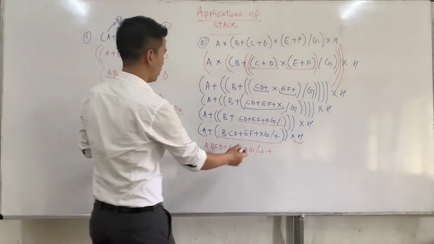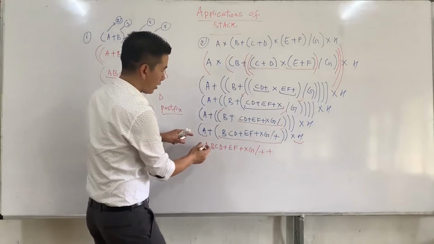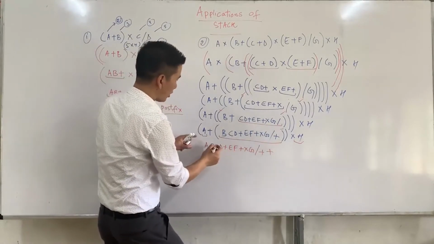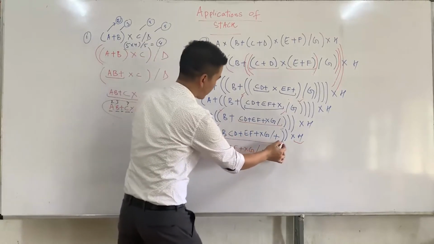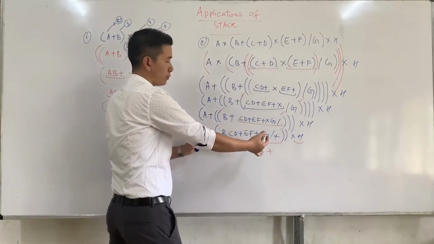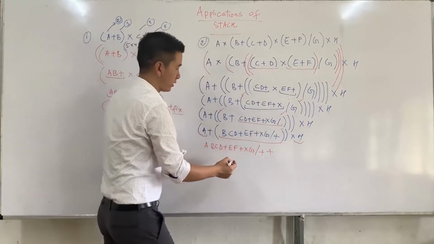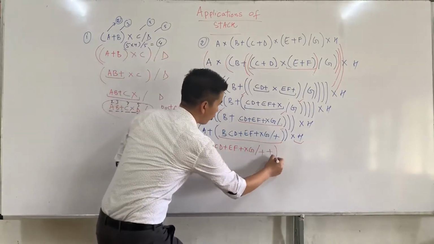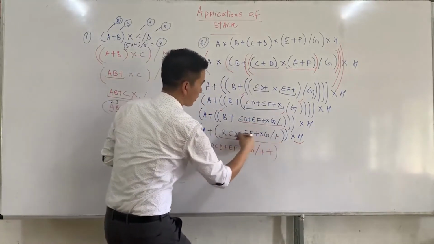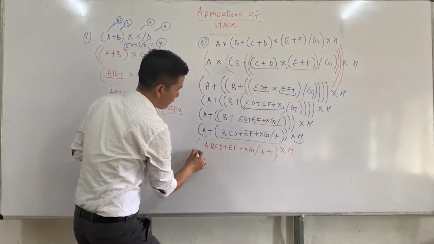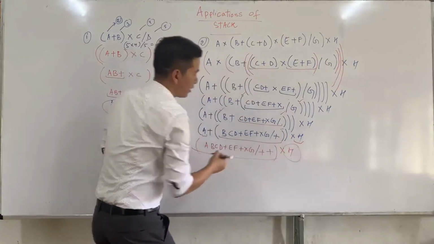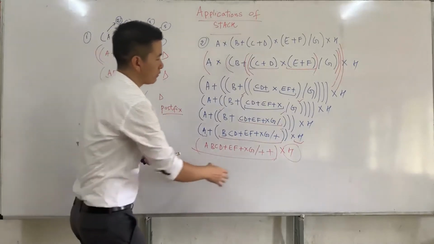No problem. Now I have the first operand and the second operand converted to postfix, and then these 2 brackets will disappear, and finally I'll have the H. So this is the first operand, and this is the second operand, and then this will be converted.